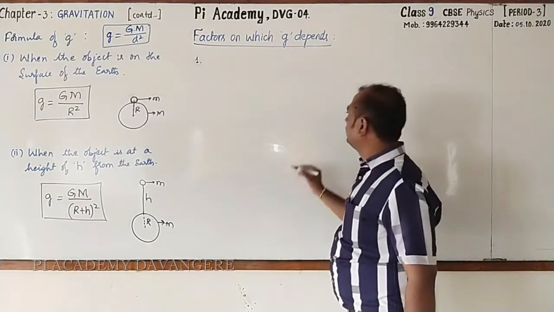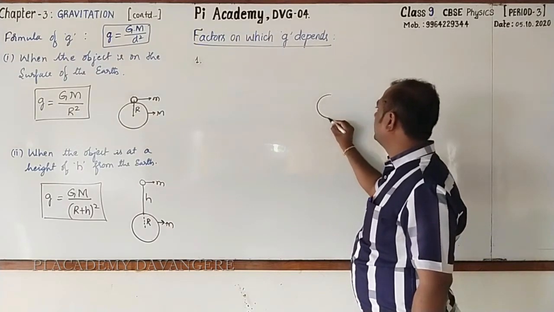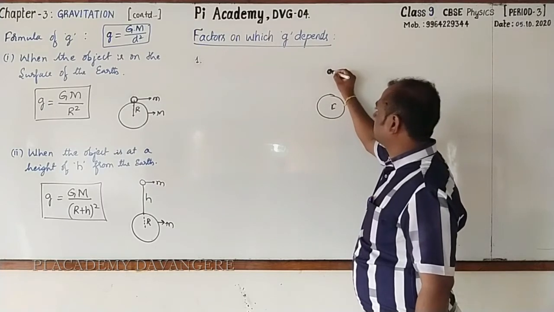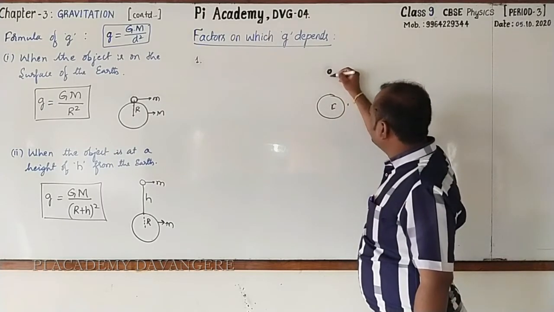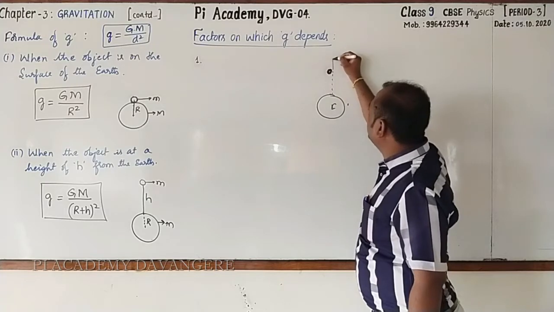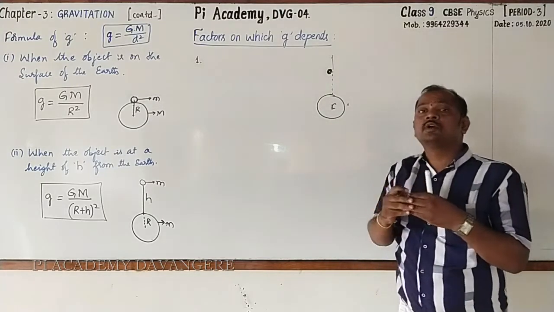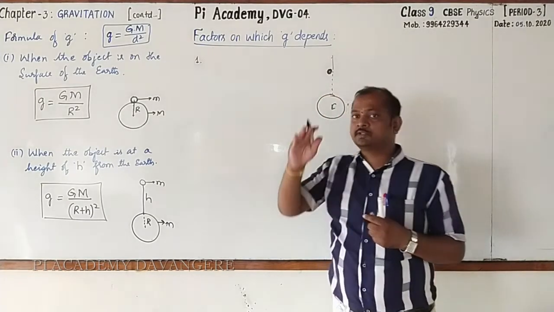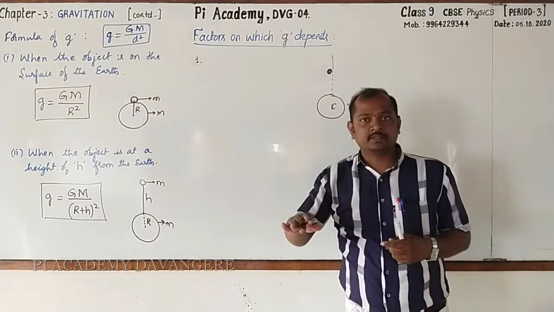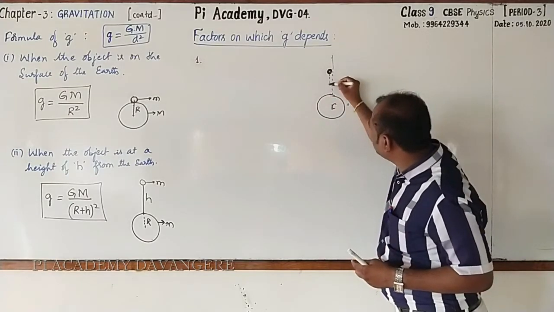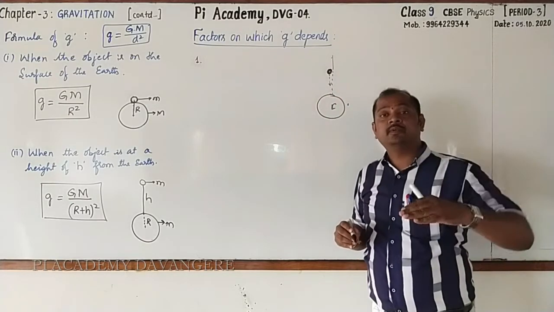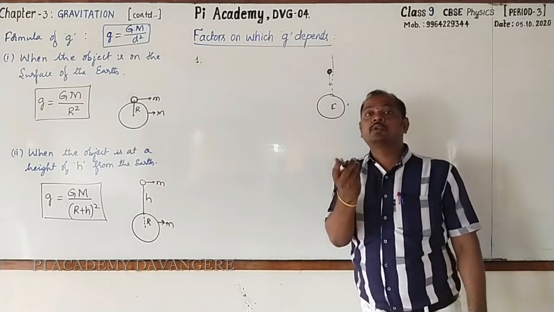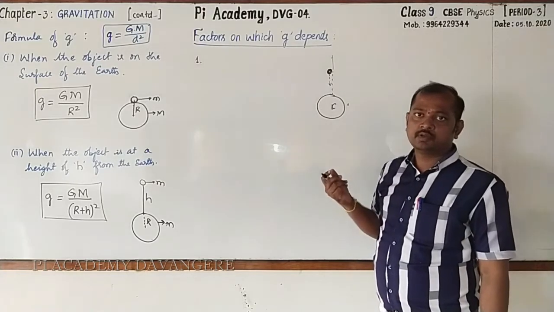Dear students, now let us come to know the factors on which G depends one by one. The first one, look here. Here is the earth and this is the object. As the height of the object increases, means as it moves away from the surface of the earth, what will be the acceleration due to gravity? Acceleration due to gravity decreases, right? As it approaches the ground, the acceleration due to gravity increases because there will be more gravitational force of the earth. Followed?